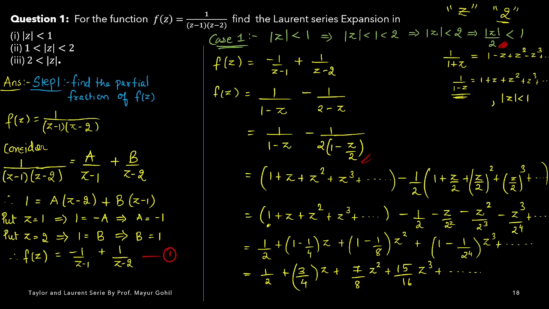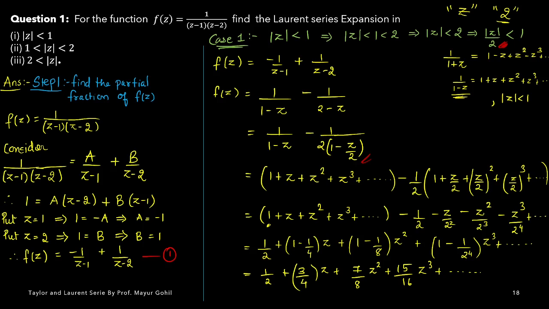Now if we look at this answer, we see only positive powers. There are no negative powers over here, because z is having positive powers, z raised to 1, z raised to 2, z raised to 3. No negative power of z. So we do not have any principal part over here. It is all analytic part.